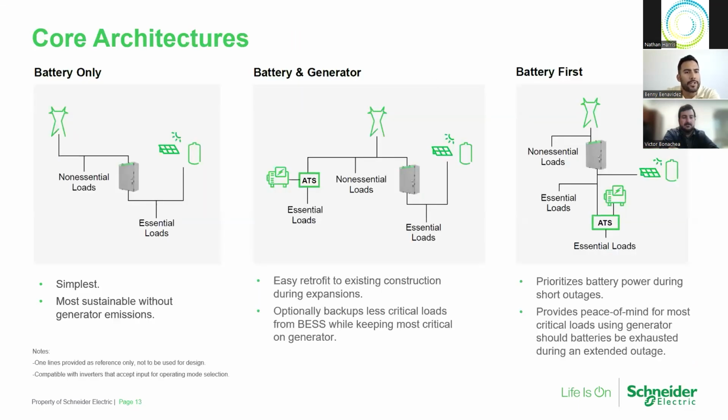So these are some core architectures. When dealing in microgrid design, it's common to see energy storage or photovoltaic systems primarily connected on the utility switchboard, which for most applications is ideal. But if you want to specifically use these energy storage systems for resiliency, at times it's important to design them with a critical panel board in mind.